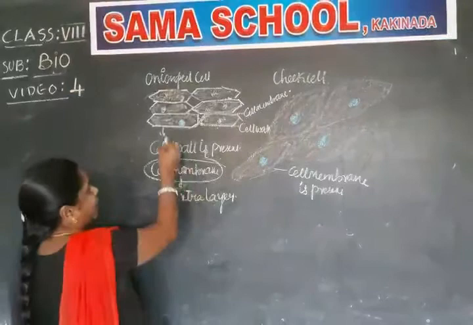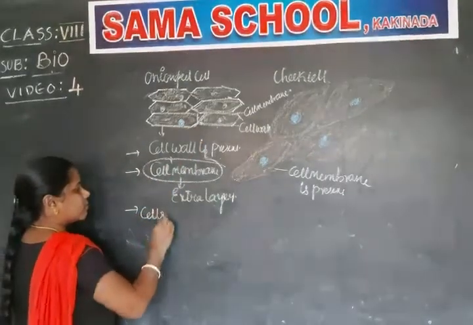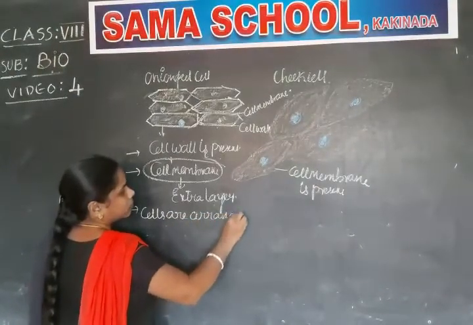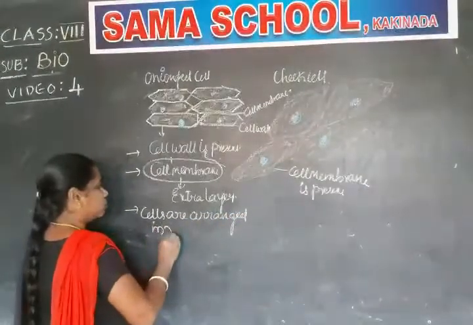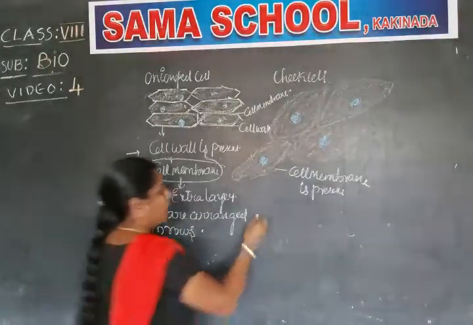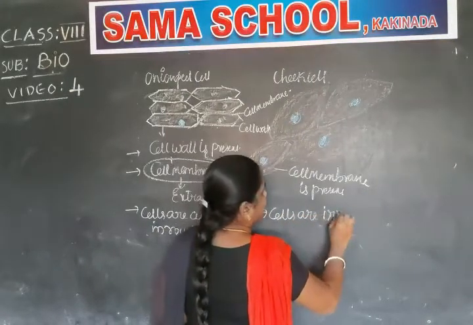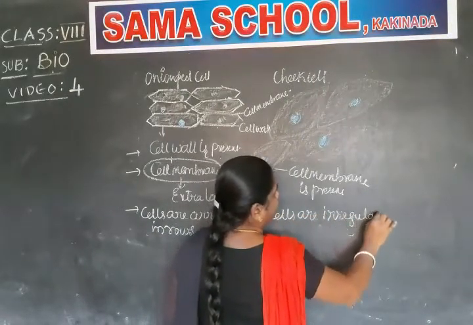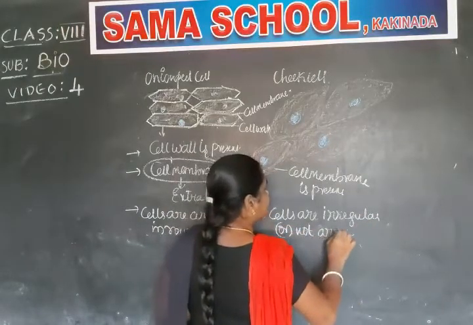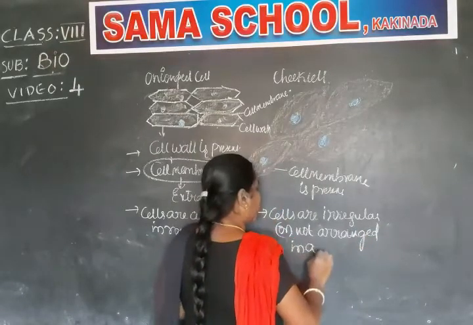Now, if you see, the cells are arranged in a row. Here, cells are irregularly arranged, not arranged in a row.